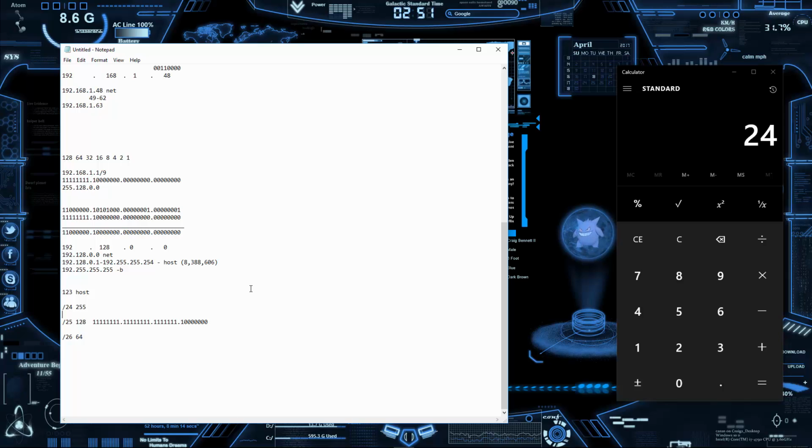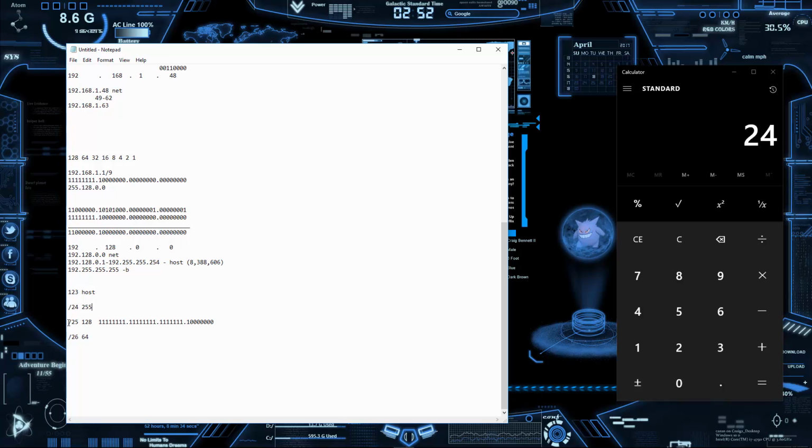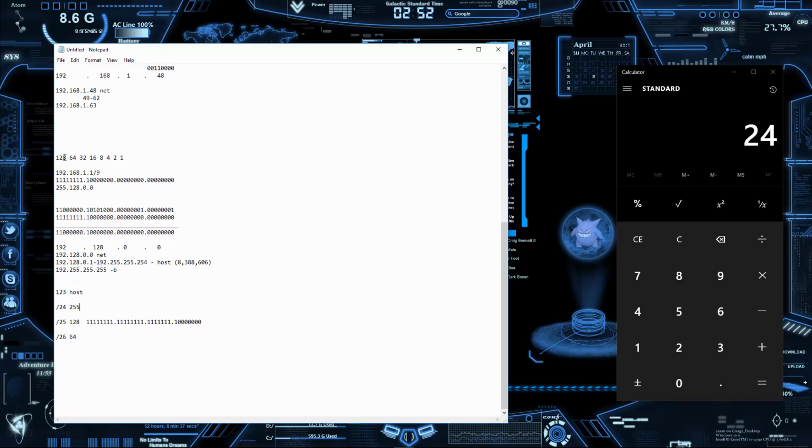/24 is a very common subnet, especially for homes, and if you can get in your head that it's 255.255.255.0 for /24, well, add 1 bit, and now we're at 128. Add 1 more, it's 64. Add 1 more, it's 32, and so on and so on.